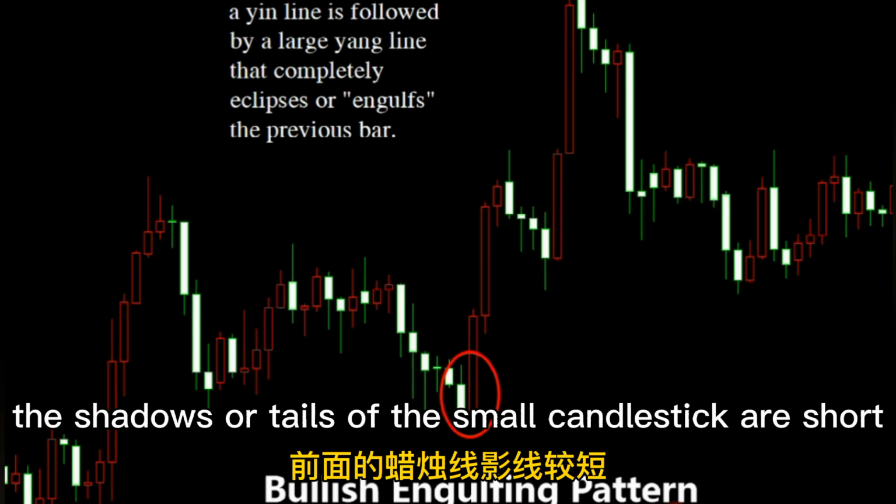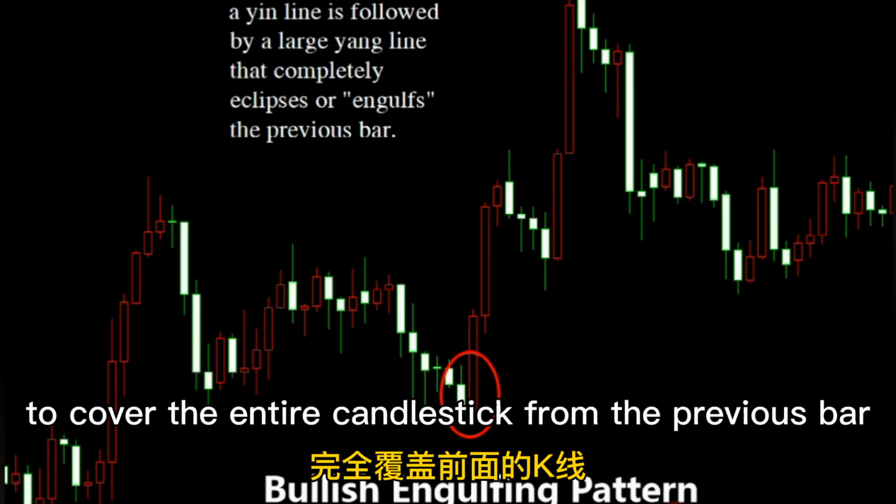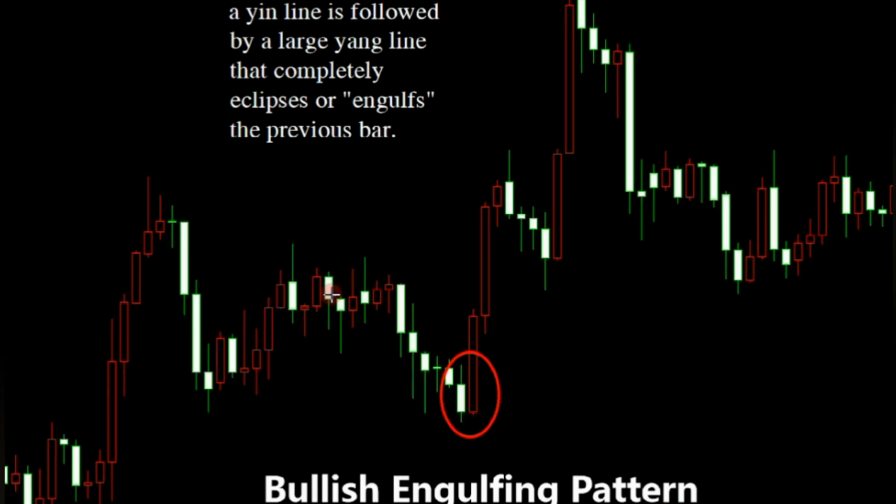The shadows or tails of the small candlestick are short, which enables the body of the large candlestick to cover the entire candlestick from the previous bar.